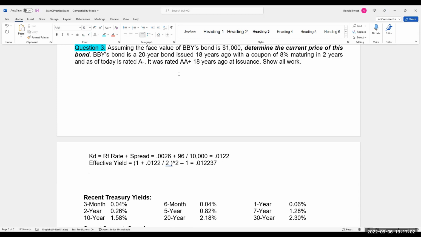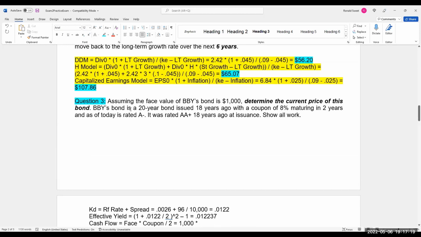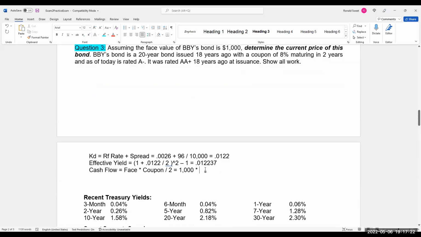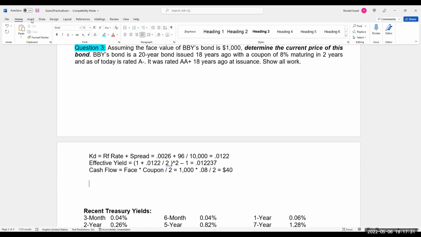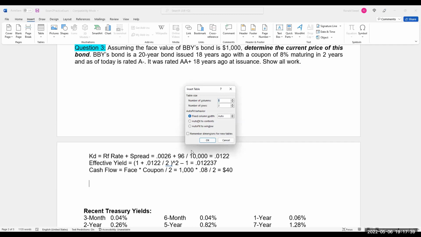And then the cash flow is going to be the face times the coupon divided by 2 because they pay twice a year. So we're assuming $1,000 face. Here it has a coupon of 8%, so times 0.08 divided by 2 equals $40. So let's do 4 columns and 5 rows.